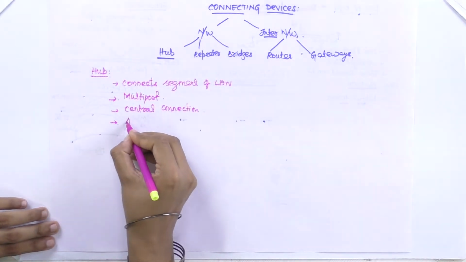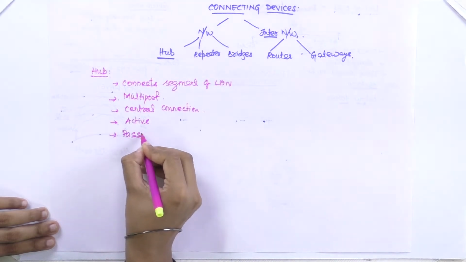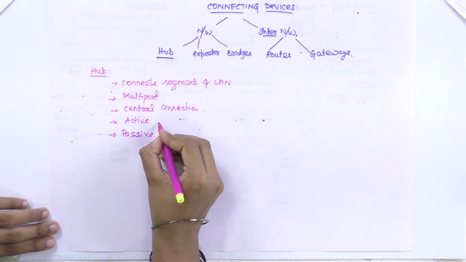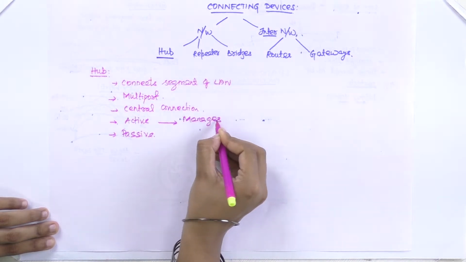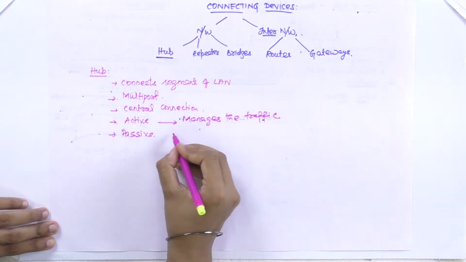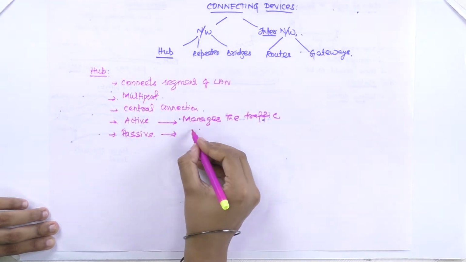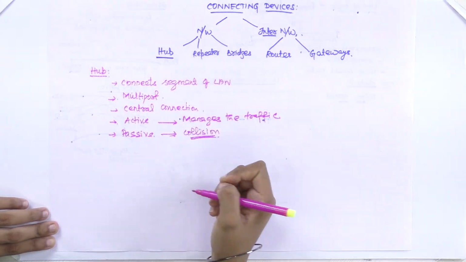In this hub, we categorize them into two: the active hub as well as the passive hub. The active hub manages the traffic, whereas the passive hub gives way for the collision that is happening in general.